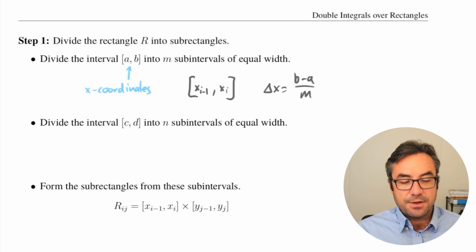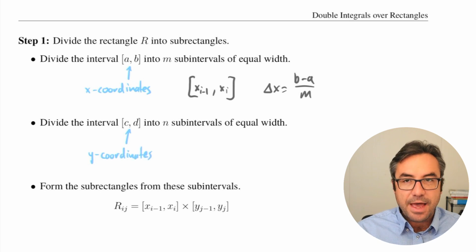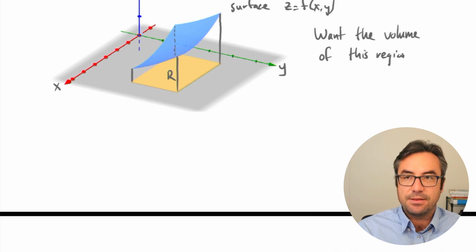And then we do the same thing for our y coordinates. So we have our interval for the y coordinate, and we're going to break that interval up into a whole bunch of tiny little pieces. So again, if we go back, we have our rectangle here. Here's the y direction, and we're going to slice that up into a whole bunch of tiny little pieces.